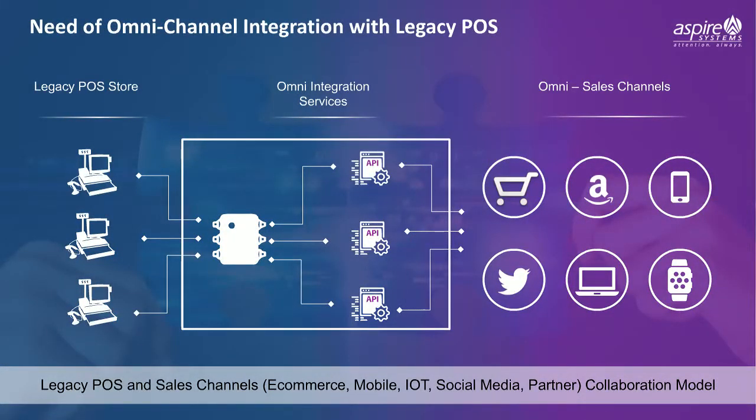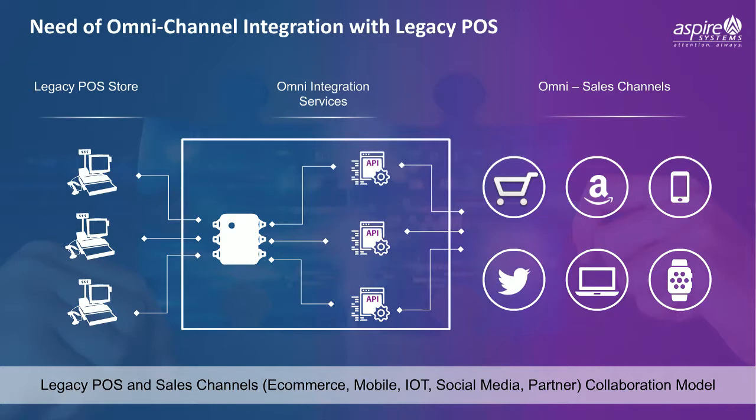How do we solve this problem? As we know, the store operates on legacy POS systems. They may not interact with web solutions, they may not be real-time or interaction ready, and they may not be ready to collaborate with social media and mobile devices on a real-time basis.